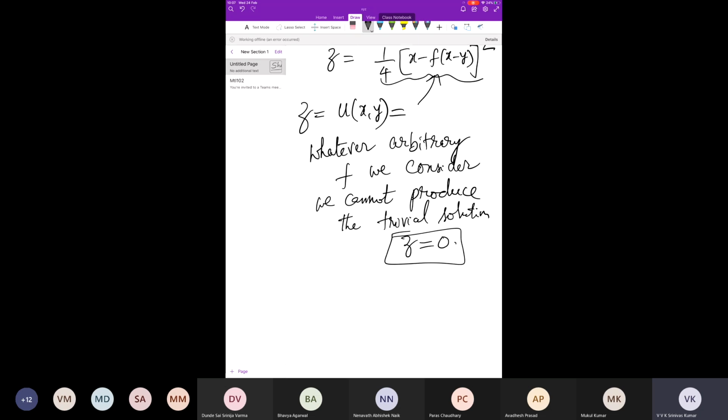So what is the conclusion? The conclusion is that the general solution does not cover all solutions.